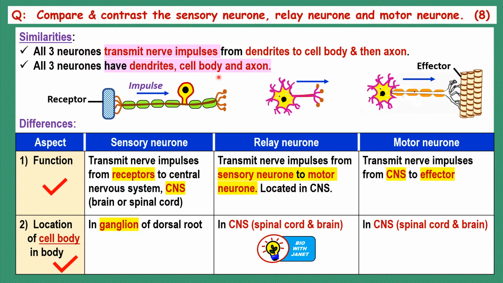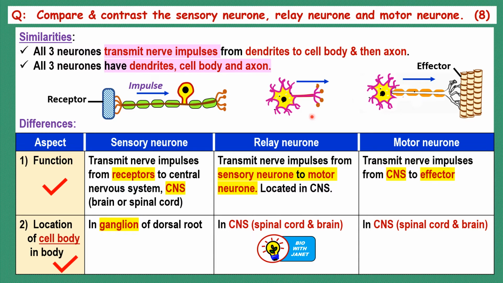The relay neuron transmits nerve impulses from the sensory neuron to the motor neuron. Here I've arranged the three neurons in the correct order for you, so one neuron is connected to the next. The end of one neuron will be connected to the front of the next neuron.